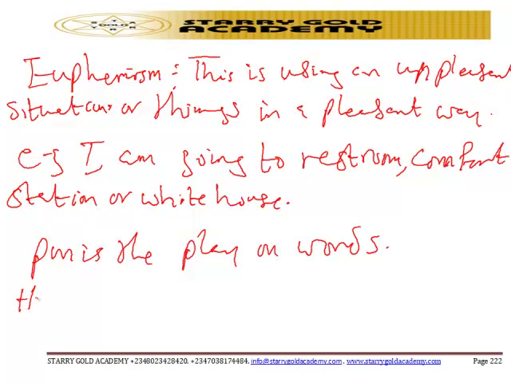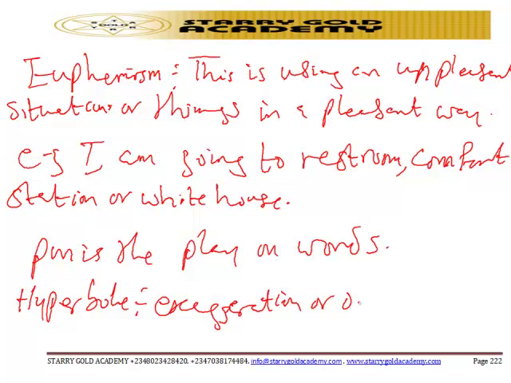And one that is popularly used as well is hyperbole. This is exaggeration or overstatement.